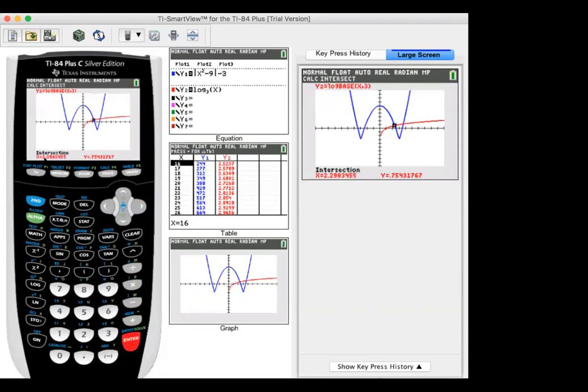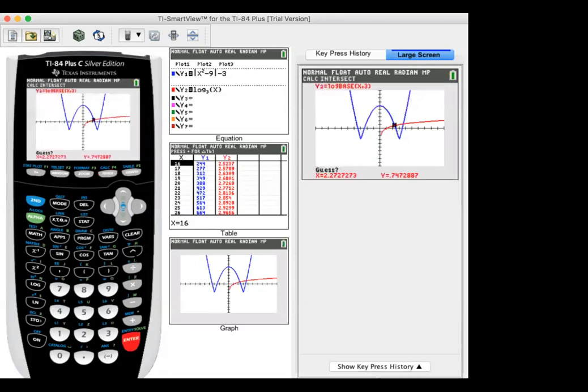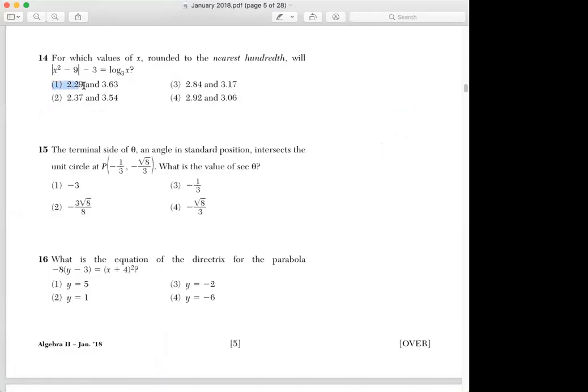One of our answers is 2.29. And 3.63. 2.29, 3.63. There we go. Answer choice 1.